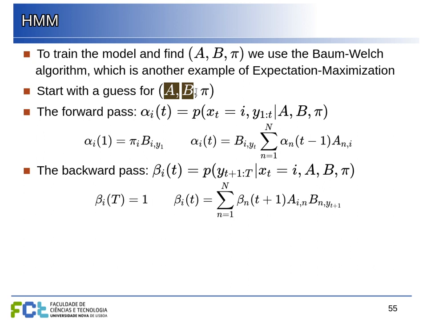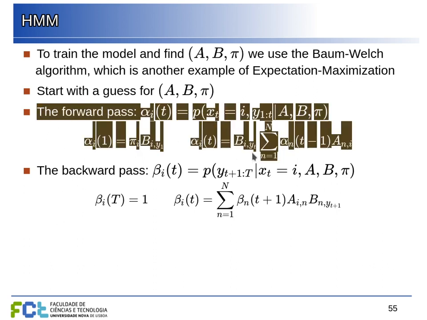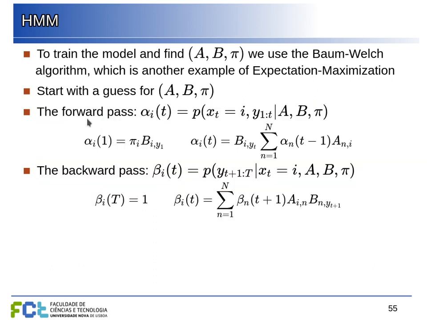We start with an initial guess for these parameters: the matrix that gives us the probabilities of transitions between hidden states, the matrix that gives us the probability of emitting some observable symbols depending on the hidden state, and the vector with the initial probabilities for the first step in the Markov process that we have in the hidden states. And now we're going to start by computing these two sequences here.